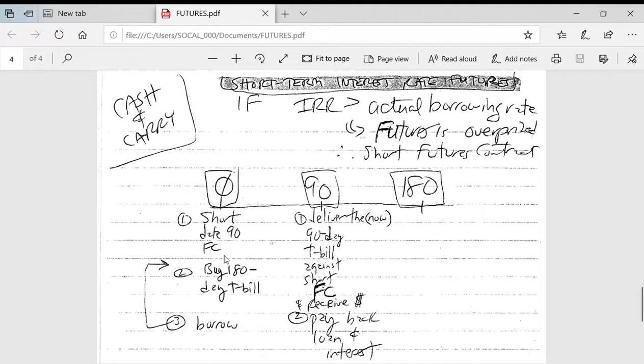And the idea is at date 90, we're required to then deliver a treasury bill that at that point in time has a 90-day life. So again, we take a short position in a date 90 futures contract, and that futures contract requires a delivery at date 90 of a T-bill that at that point in time, date 90, has a 90-day remaining life.